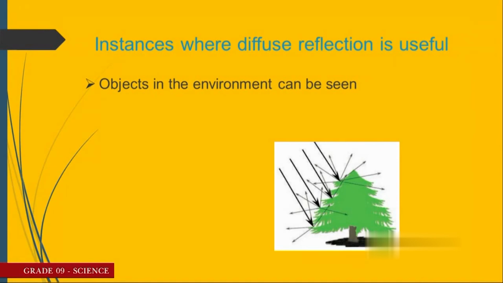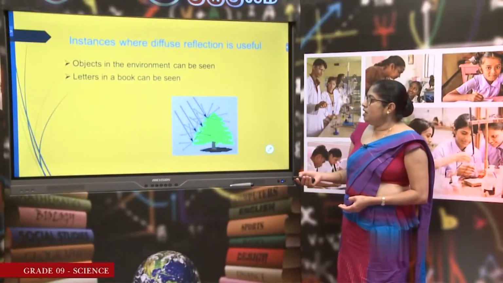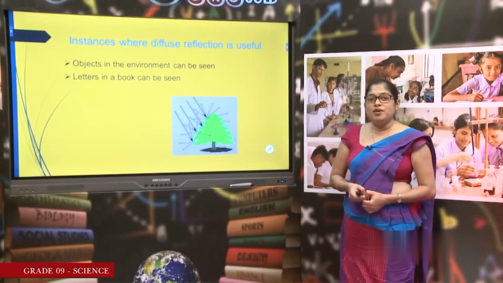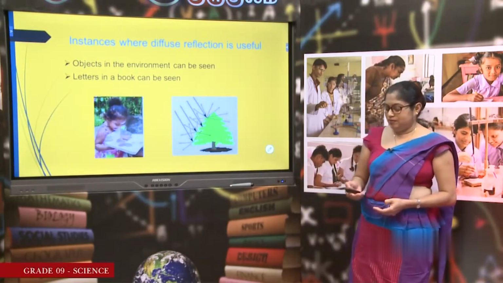You can see a parallel beam of light is falling on the tree. So, the reflected rays are not parallel to each other. They are reflected to various directions. Because of that, we can see the object three-dimensionally. In addition to that, letters in a book can be seen because of diffuse reflection.